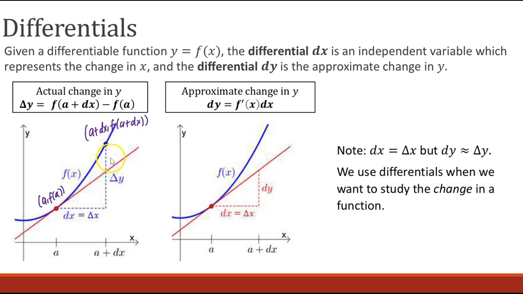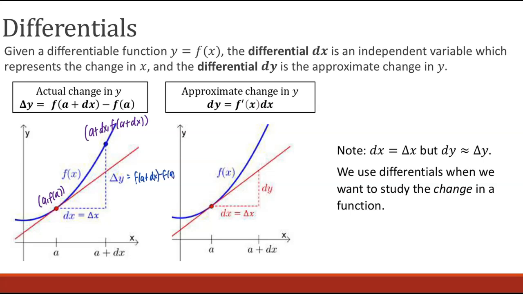So the actual change in y is subtracting these output values. So f of a plus dx minus f of a. This distance here, delta y, is equal to f of a plus dx minus f of a.